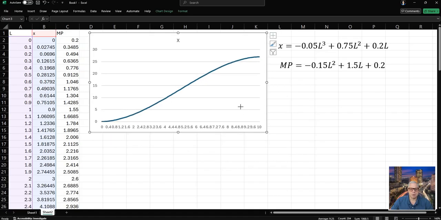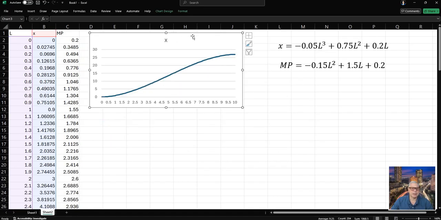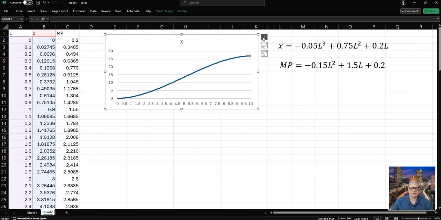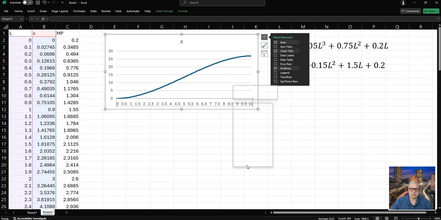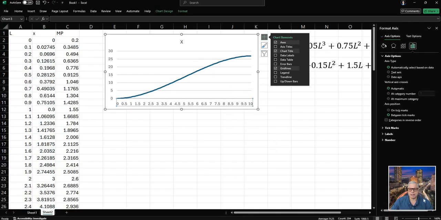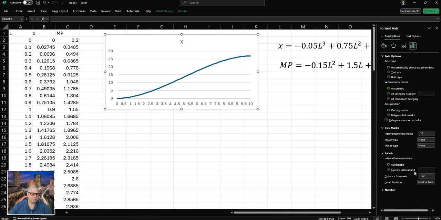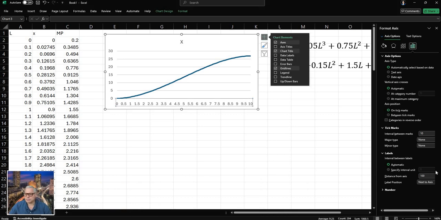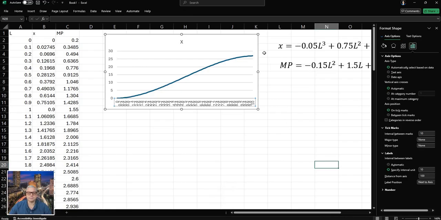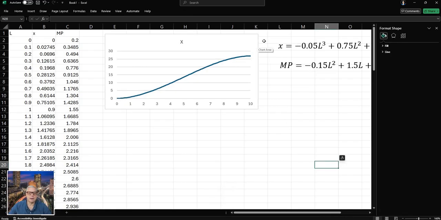Make it a little bit smaller, and we can make that a little bit nicer. Format axis, the tick marks. First of all, we want to have it on tick marks. Then let's put an interval of 10 in between, and the label is 10. Okay, now it looks a little bit more organized.